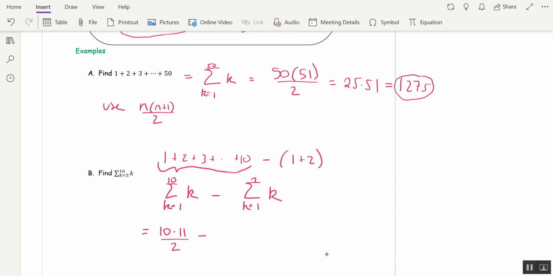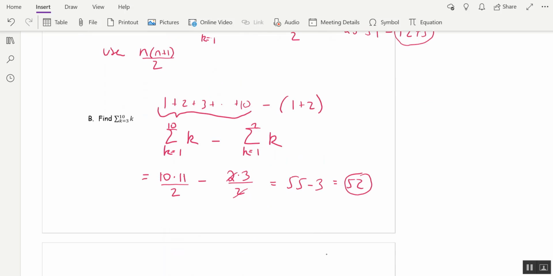And then this one is 2 times 2 plus 1, which is 3, over 2. We knew that was going to be 3. We didn't really need a formula for that, right? But this first one is 2 goes into 10 5 times. 5 times 11 is 55. And then I'm subtracting 3, so I get 52.